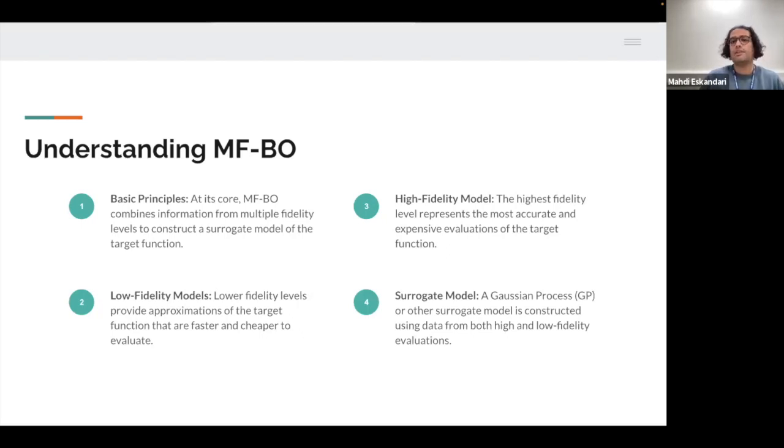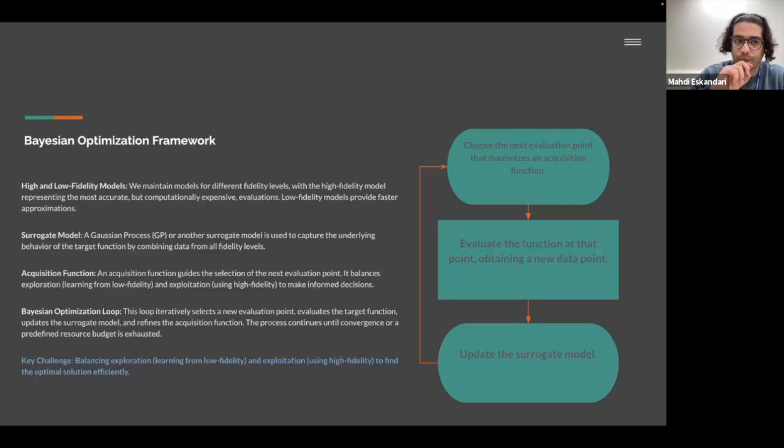The high fidelity models are very exact, very accurate, and also computationally very expensive, but they give us the exact output from the input, not an approximation or estimation. And the surrogate model is a Gaussian process or some other random process in order to model the black box function that we are going to optimize. I'm going to discuss these one by one.